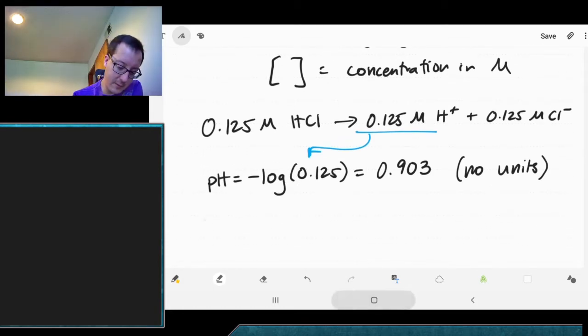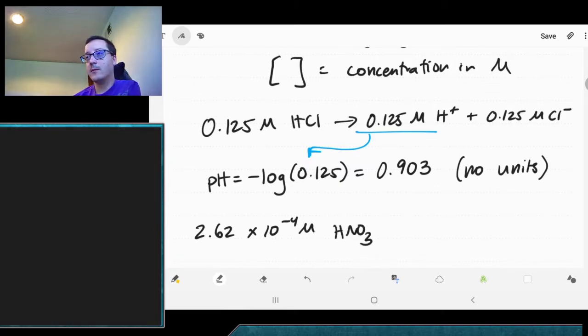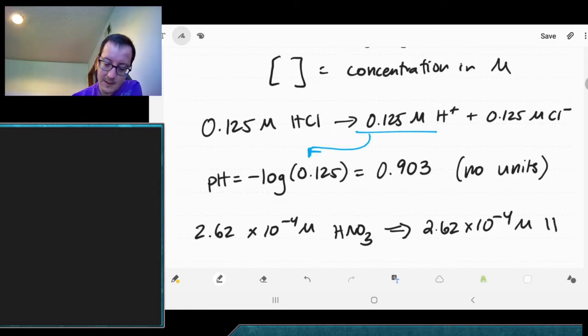All right, how about if we had that number molar nitric acid? Well, thankfully for us, again, nitric acid is a strong acid. Being a strong acid, it completely dissociates, which means out of this, we get that same amount of H plus.